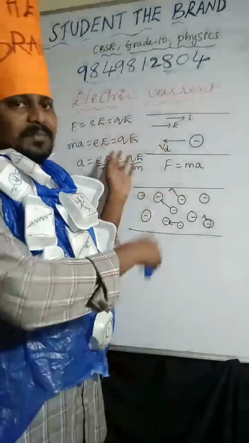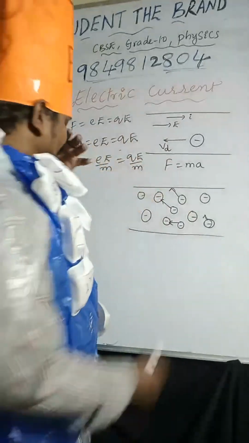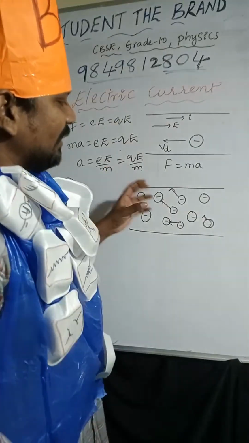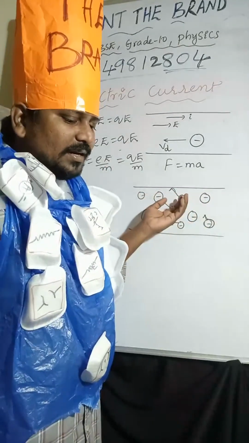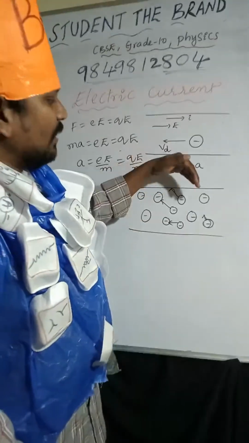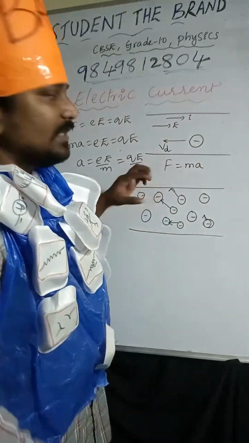Okay, fine, so come to the point. Collisions will take place again and again, right? So from one collision to another collision, a certain time will be there.